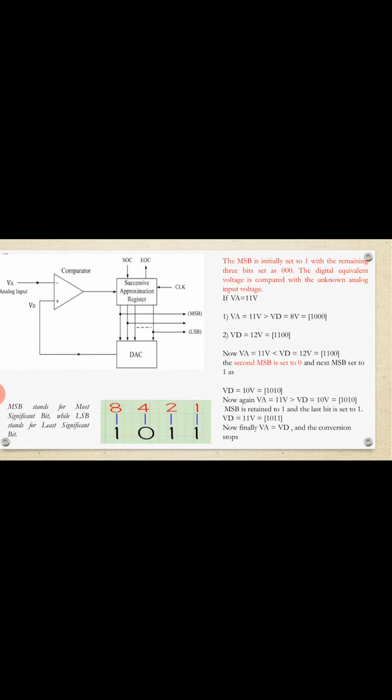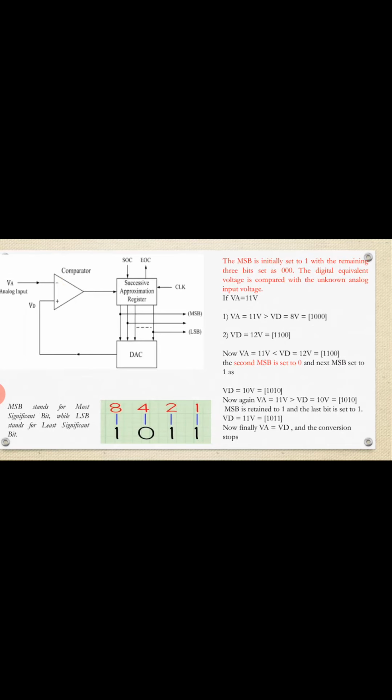Now VA, the analog input, assume that it is 11 volt. It is given to the comparator and compared with 1000, because the MSB is put to 1 initially.